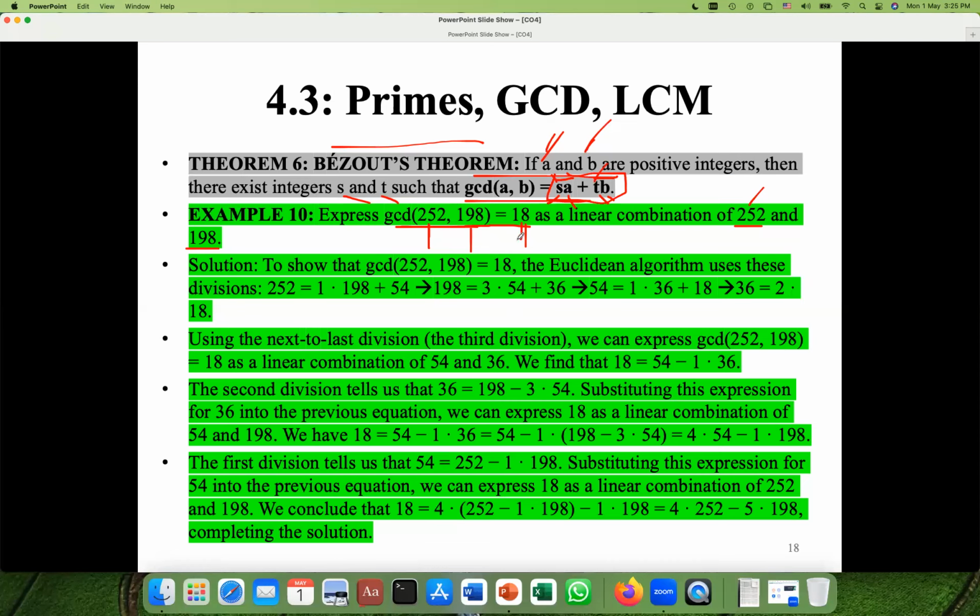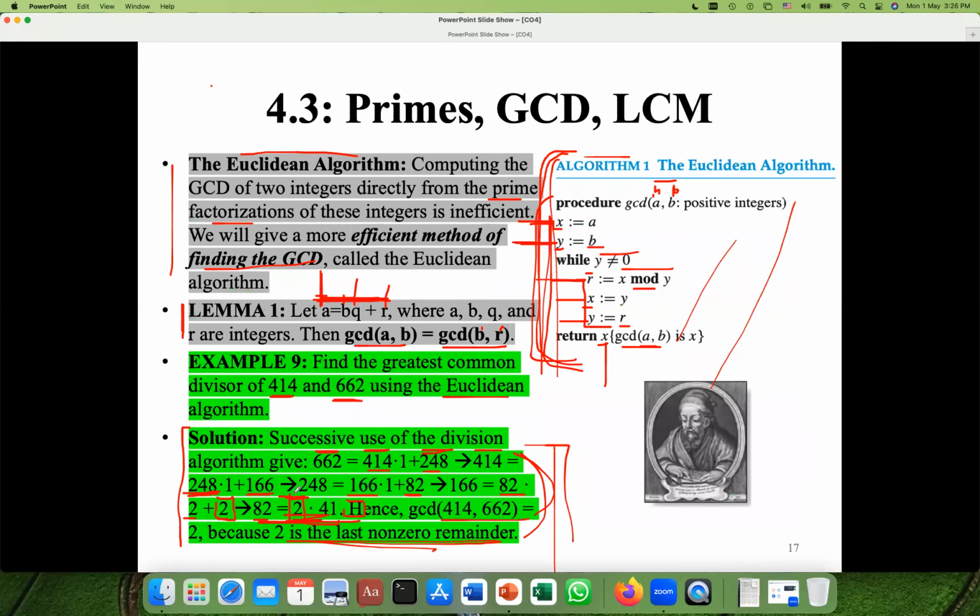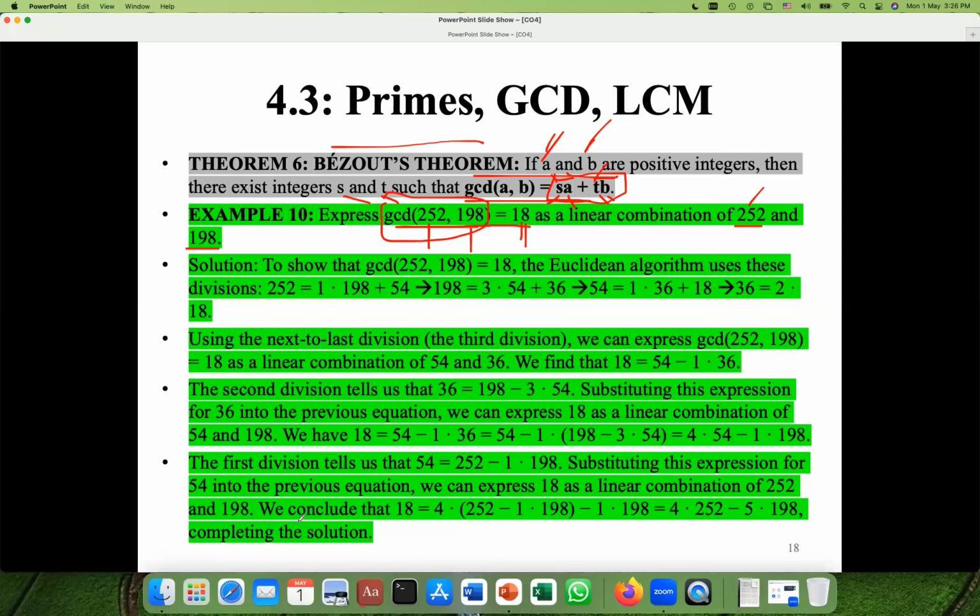This is the final answer. If you perform the Euclidean algorithm to find the GCD of these two numbers, then you will get this 18 here, at the last steps. So to find these linear combinations, you have to apply the GCD and show all the steps of the Euclidean algorithm.